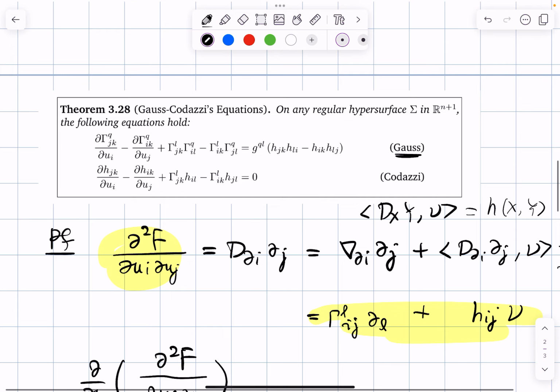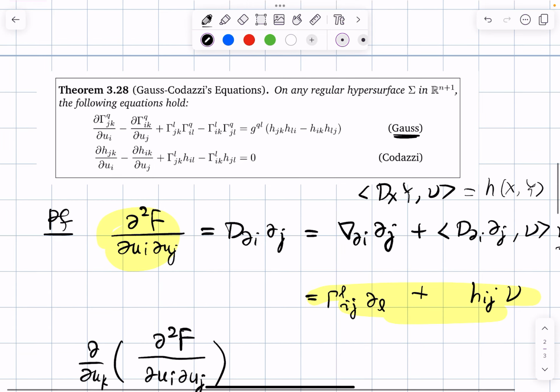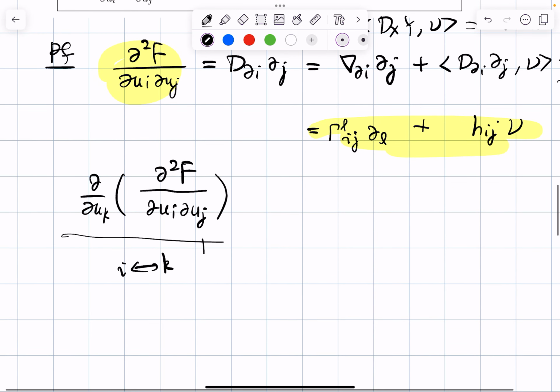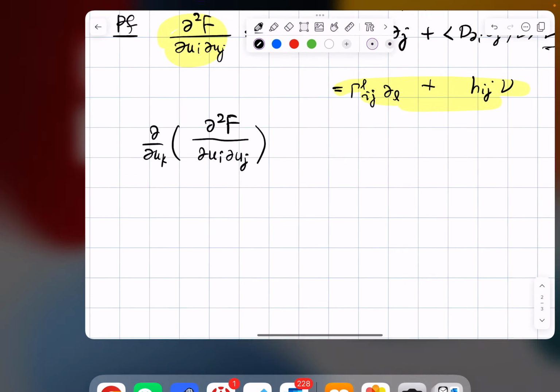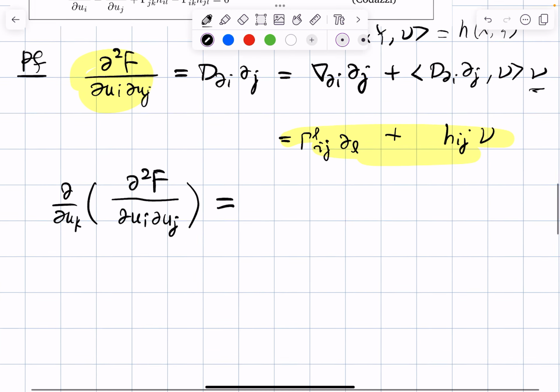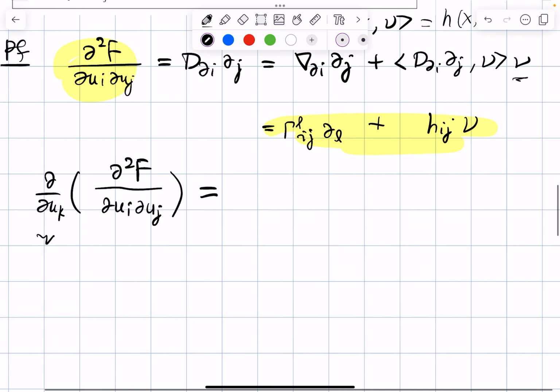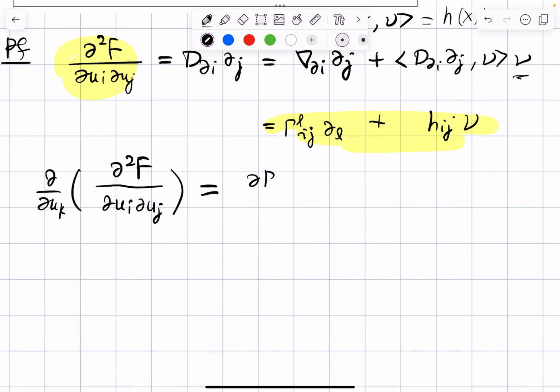Then you can see the Gauss and Codazzi equations emerge. So let's calculate this part first. We've calculated the inside part already, so let's just use the Leibniz rule and computation. This is the first Leibniz rule.